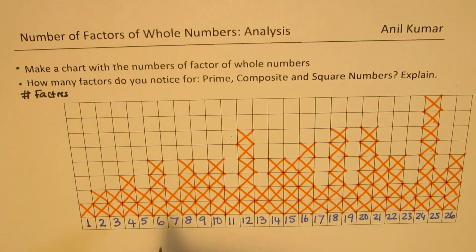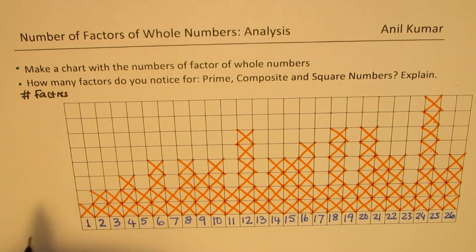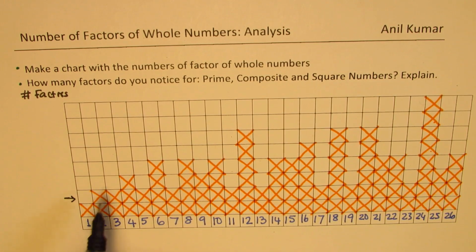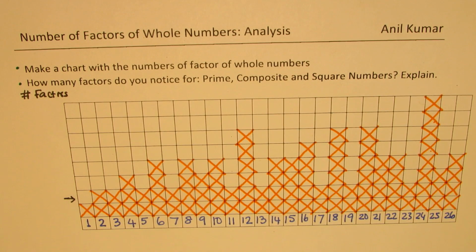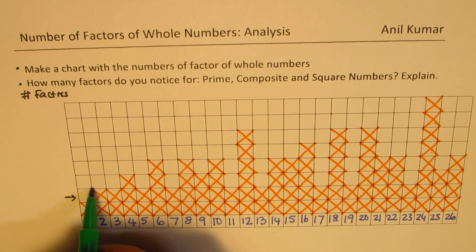So what you notice here is that the number 1 has only 1 factor, correct? So number 1 is unique in that it has only 1 factor. However, let us find the numbers which have 2 factors. So if you see the numbers which have only 2 factors, let me write this, make a bar here.